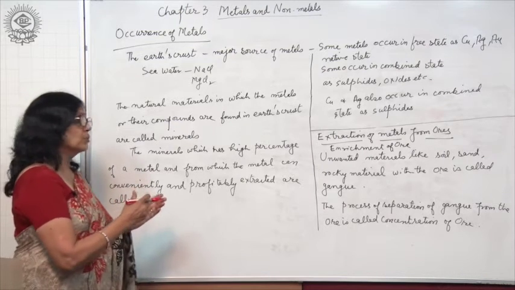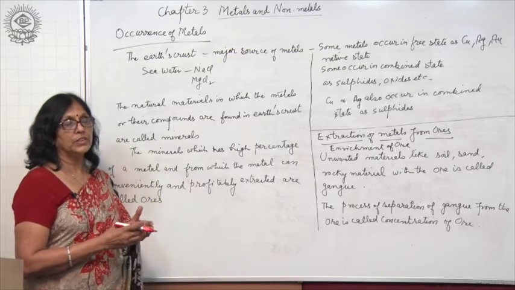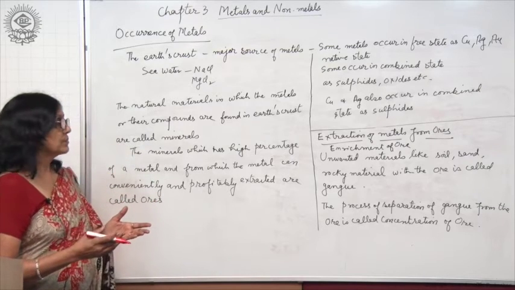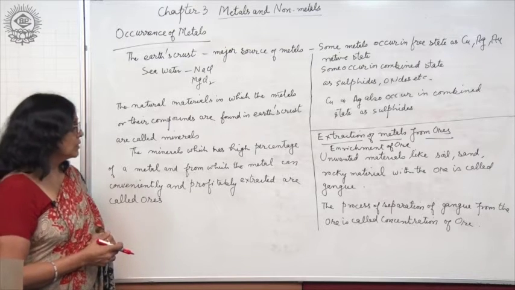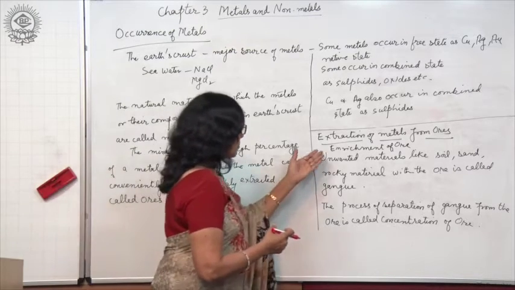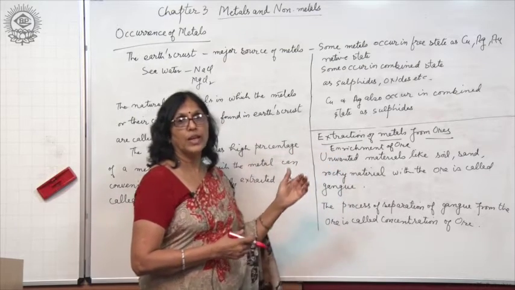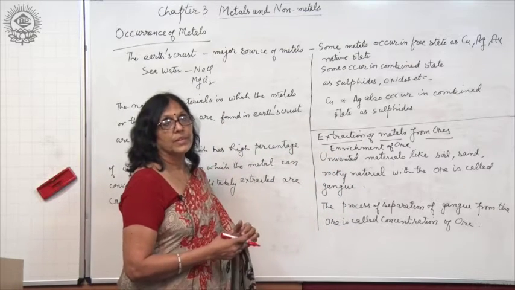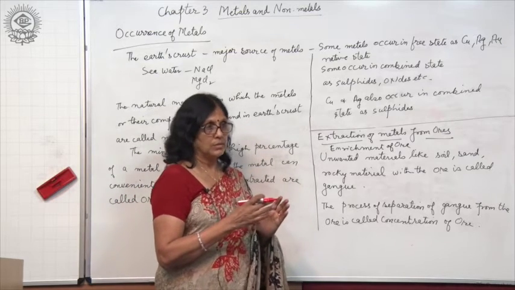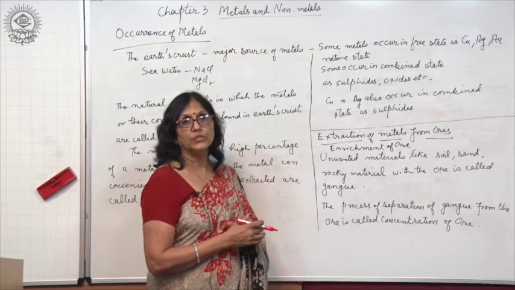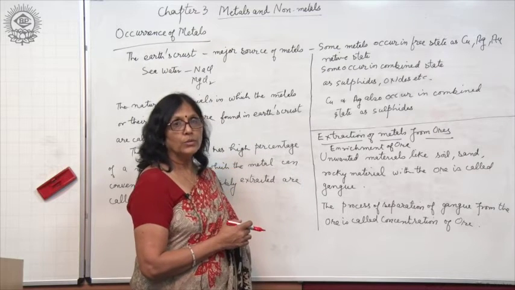So, from the ores which are found in the Earth's crust in the form of rocks, metal can be extracted. Now, these ores which are present in the form of rocks first of all have to be mined, taken out, crushed into small pieces, and then powdered.